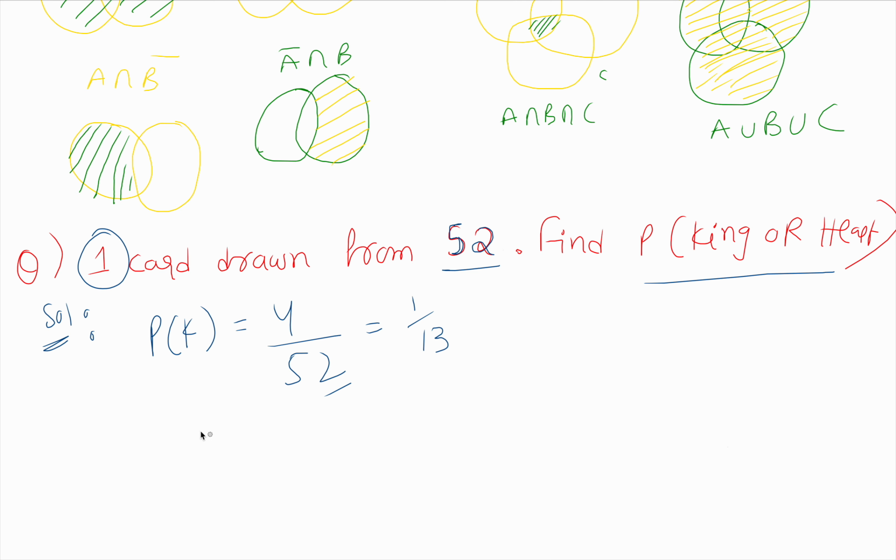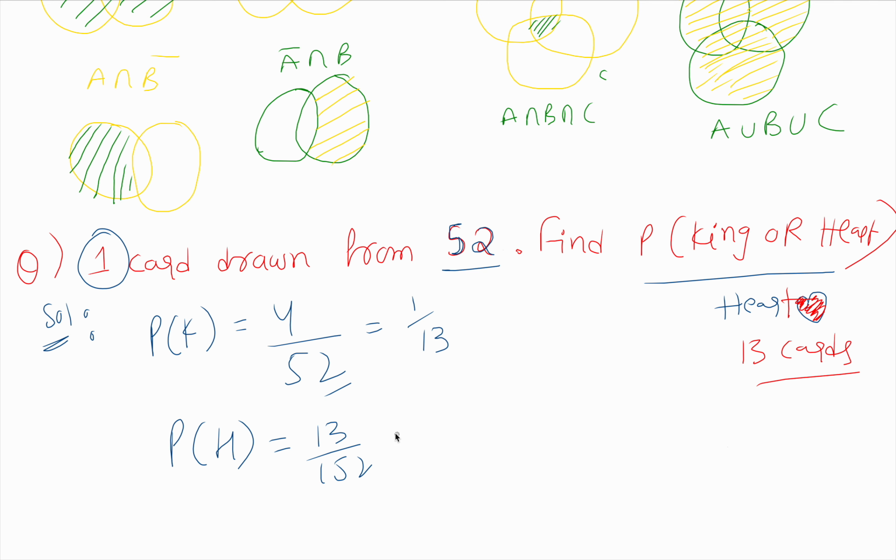Probability of heart: hearts are a total of 13 cards, red in color. So the probability is 13 by 52, that is 1 by 4.